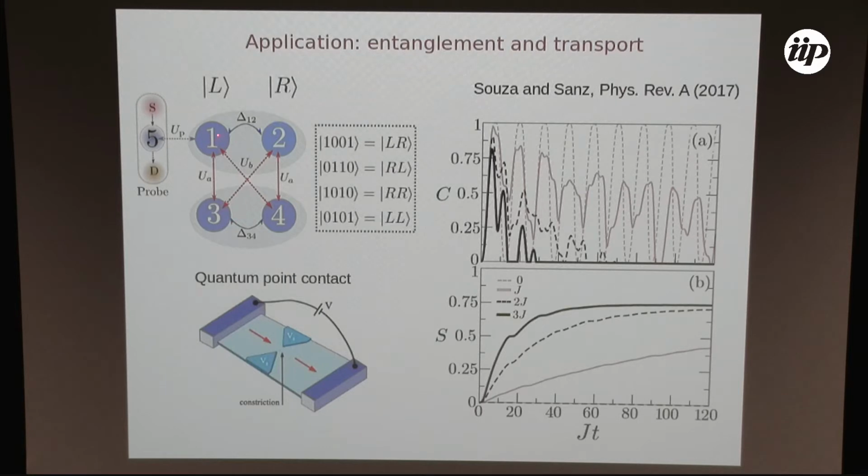So let's say that we have a single electron in this molecule, composed of dots 1 and 2, and another single electron in this second molecule, composed of dots 3 and 4. Somehow we injected particles there using reservoirs, okay? So you can use a reservoir to inject an electron in dot 1, and a reservoir to inject electrons in dot 4, and put the system to evolve in time, okay?